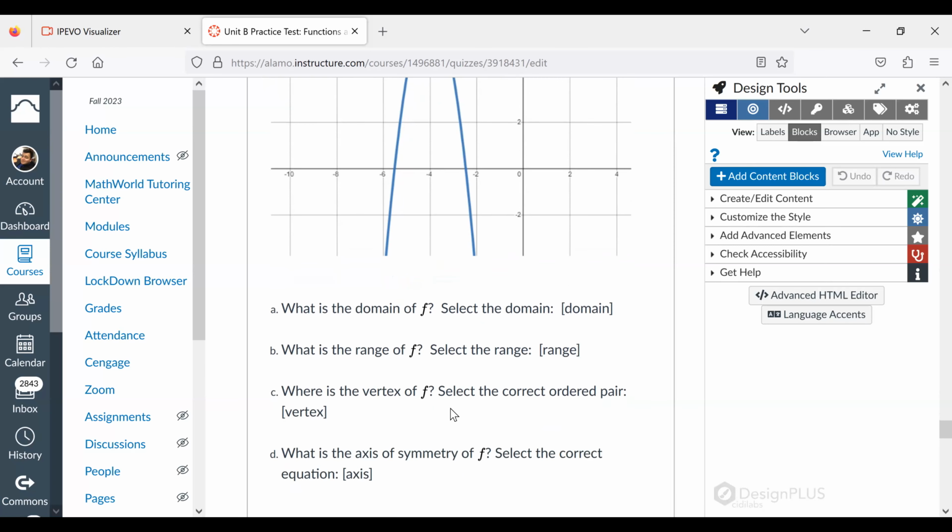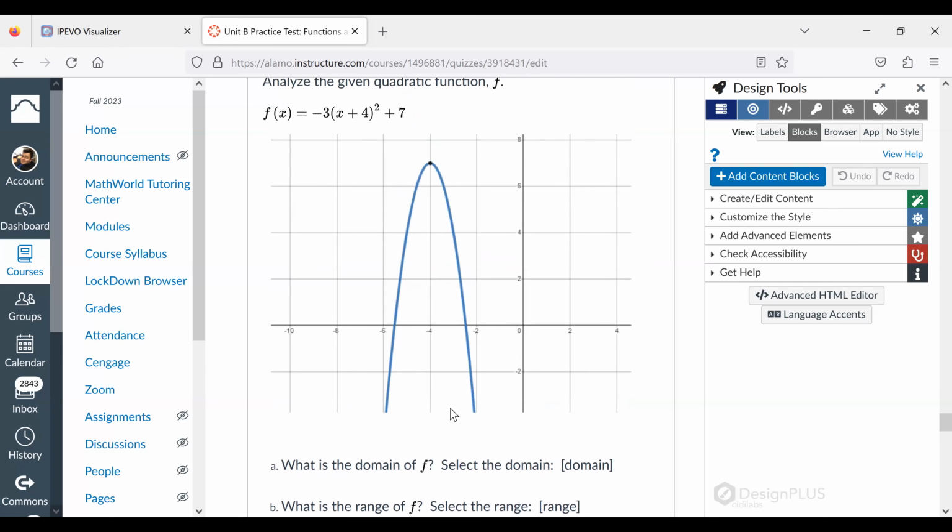What is the vertex? Yeah, it looks like negative 4, 7. Okay.